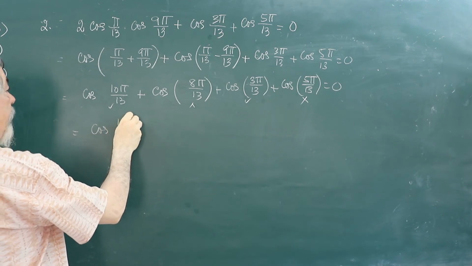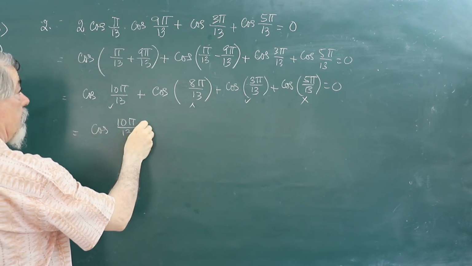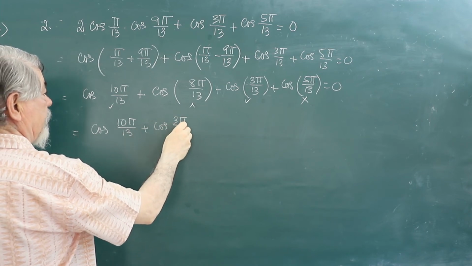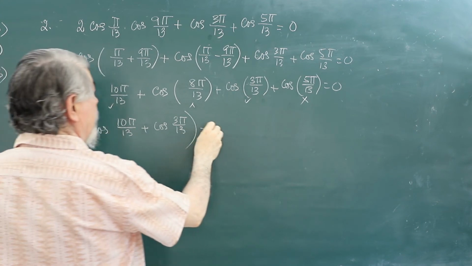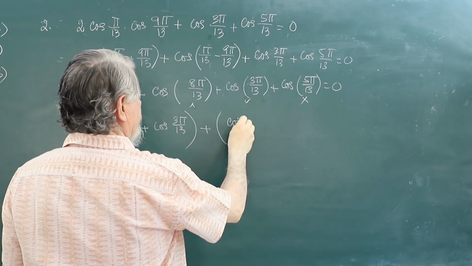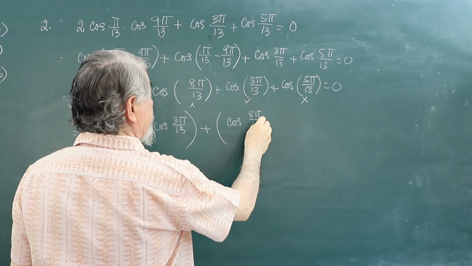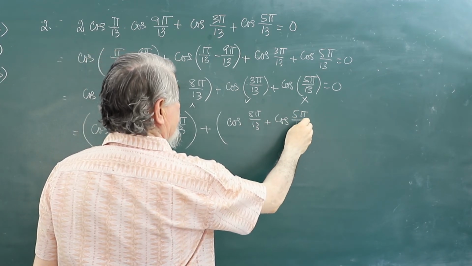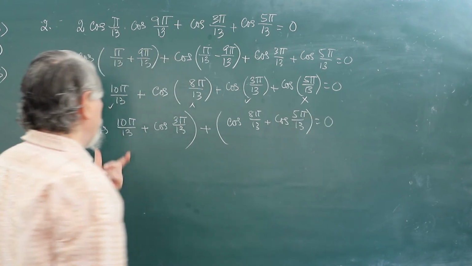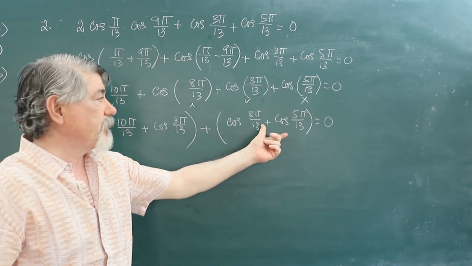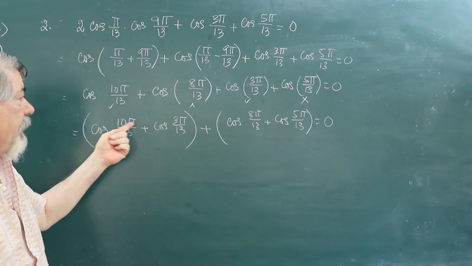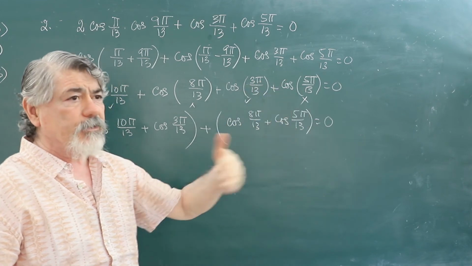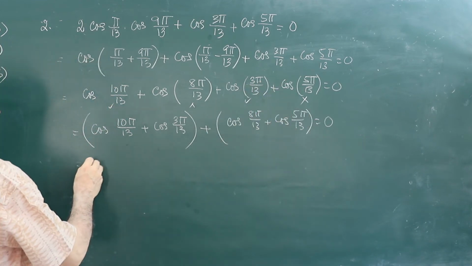Cos 10π/13 plus cos 3π/13, this is one, plus cos 8π/13 plus cos 5π/13 is equal to 0. Cos C plus cos D, cos C plus cos D. Why have we combined this? 10π plus 3π, 10 plus 3 is 13, 8 plus 5 is 13. So it will give you something.